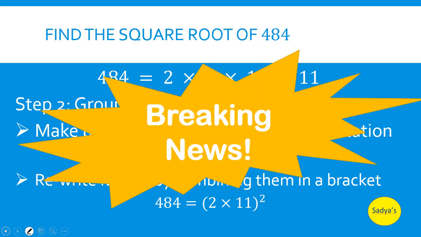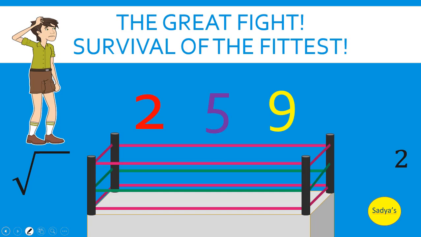What? Breaking news? In the middle of a maths lesson? The great fight? Survival of the fittest? We can see a boxing ring and a square root sign and the number 259 and a square. So what's going on? Who is fighting? Oh, from the left, square root has entered the boxing ring.